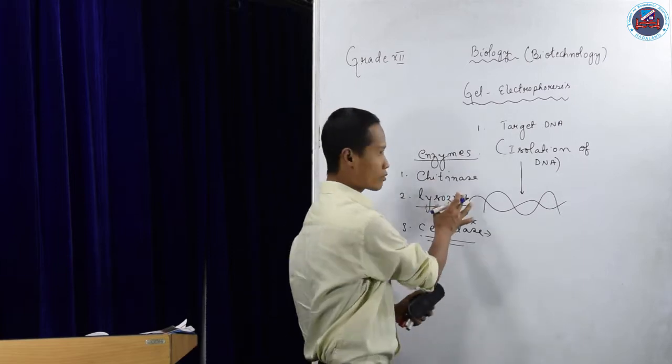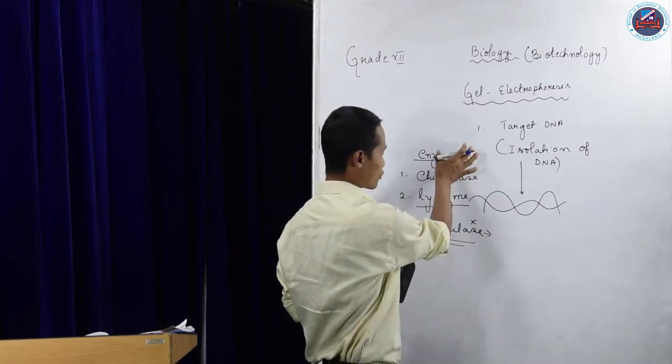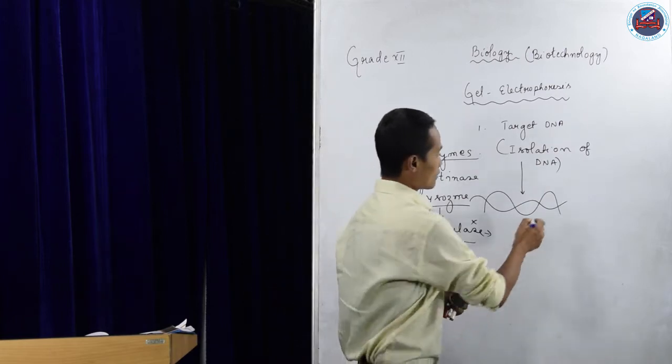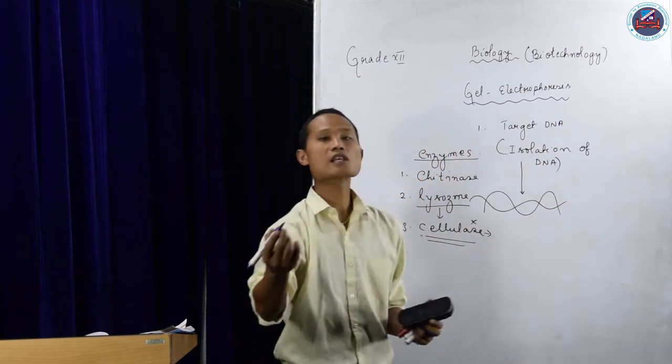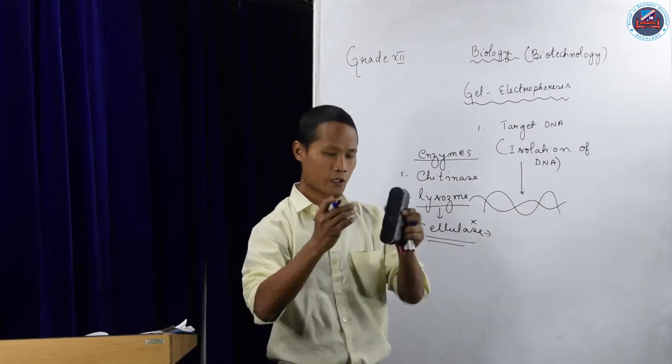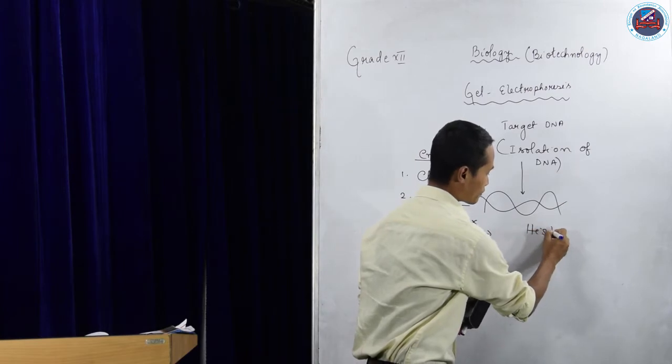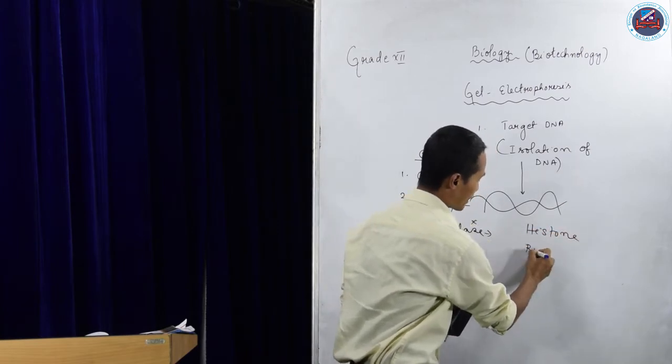If you want to isolate DNA, first of all you have to break the cell wall. After that, there may be some proteins. For example, in eukaryotes, histones are present, and there may also be some RNA.